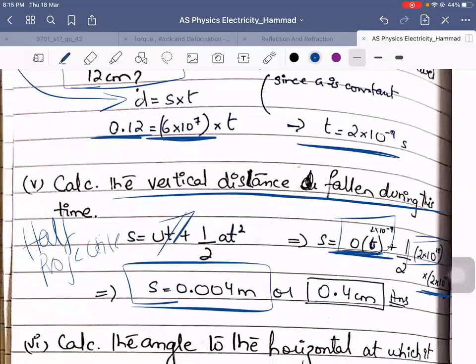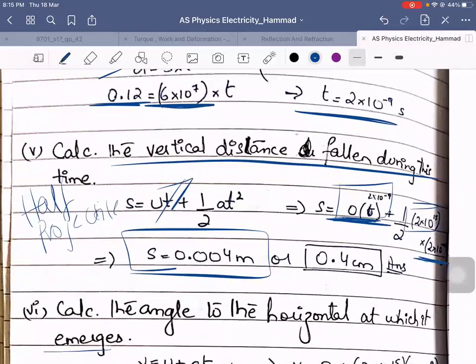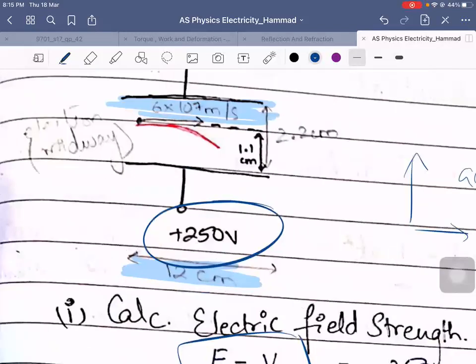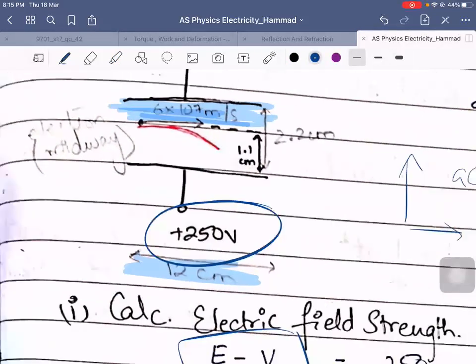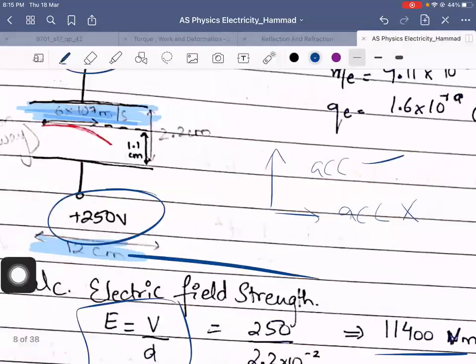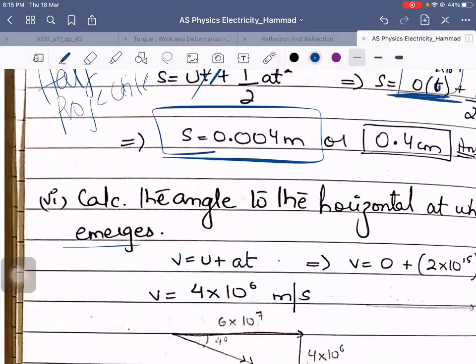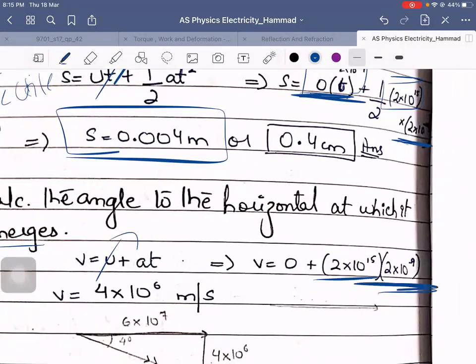They ask you to calculate the angle to the horizontal at which it emerges. Please note that I have the horizontal speed. My vertical speed initially was 0. However, I can use v is equal to u plus at to calculate the vertical velocity. My initial velocity again was 0, a was provided to me, time was there, and I worked out my vertical velocity as this value.